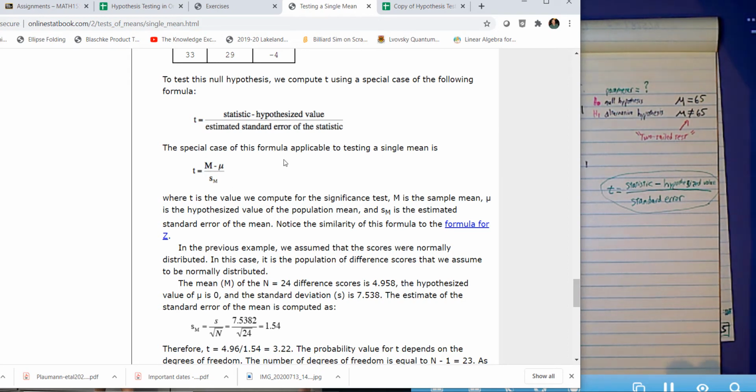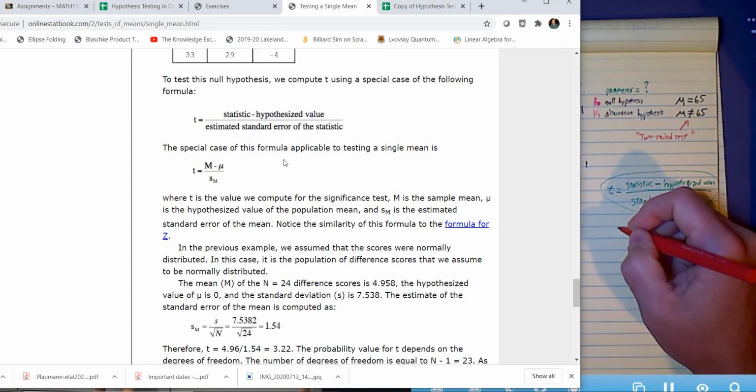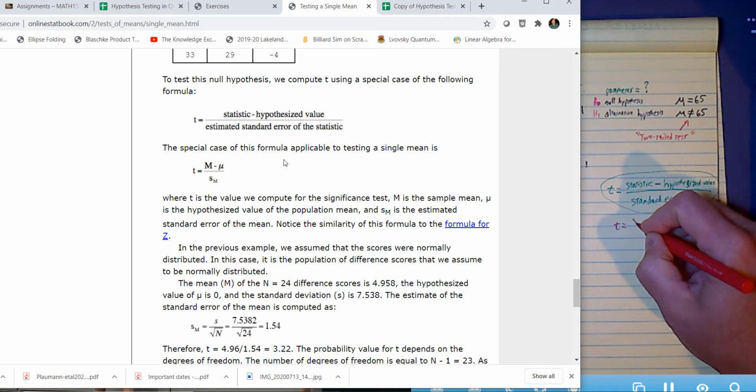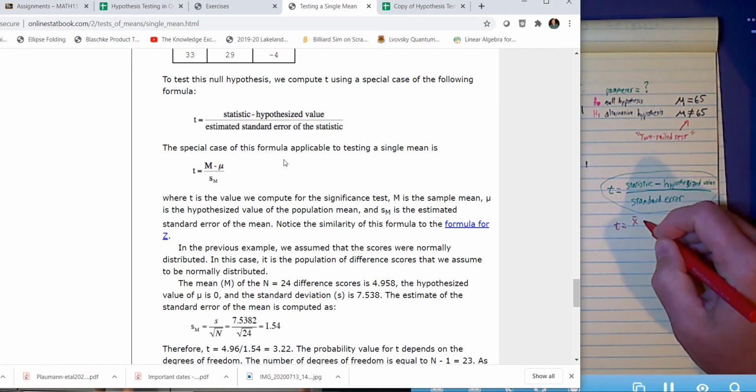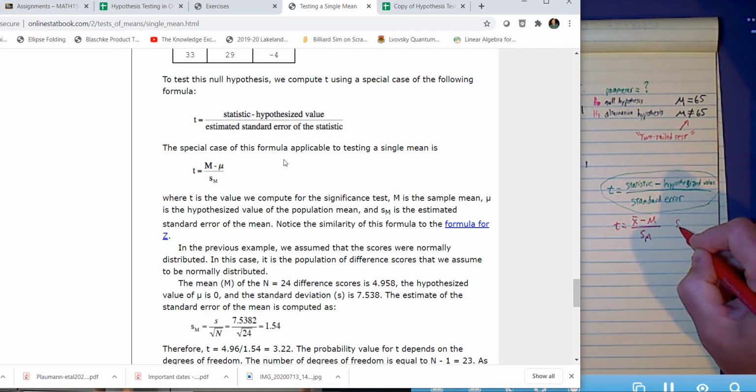I think I'm going to write that down. So we're going to do t equals x bar is what I'm going to put instead of m, minus mu over s sub m.